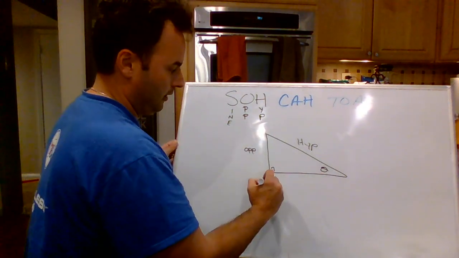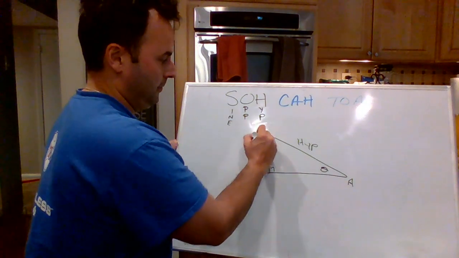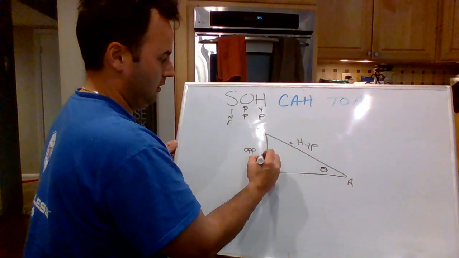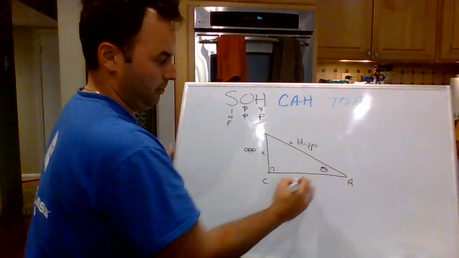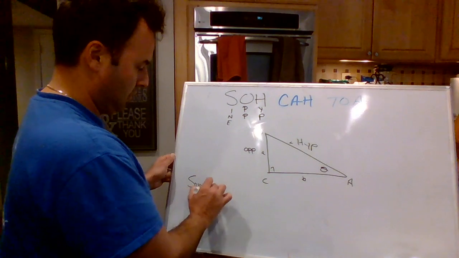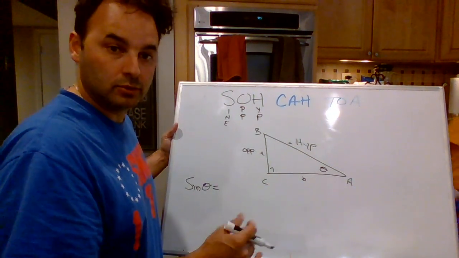So now let's put some values here. Let's say A, B, C. So we'll call this lowercase c, lower a, lower b. So the sine of theta is the opposite side over the hypotenuse.